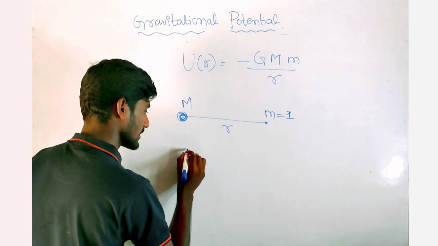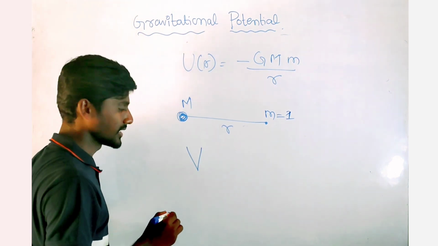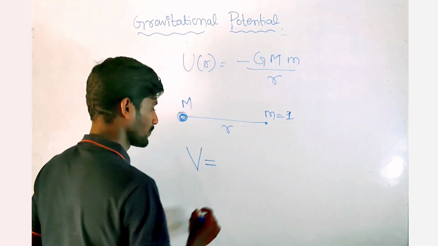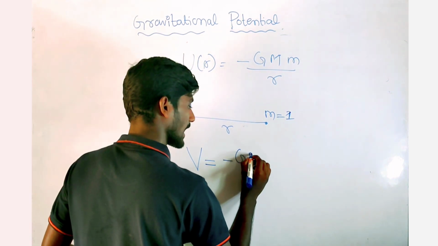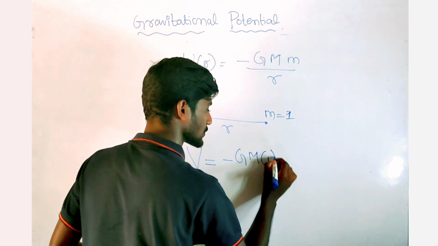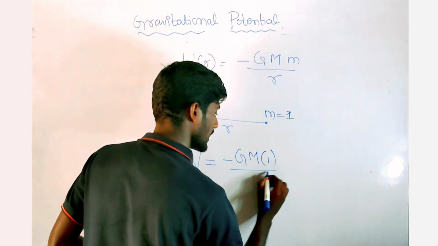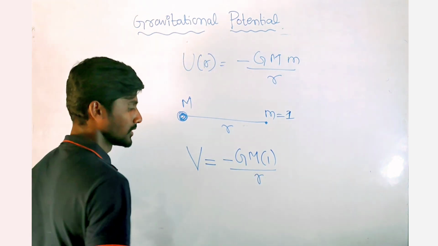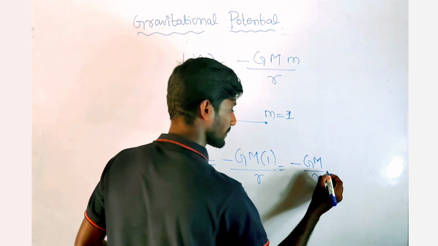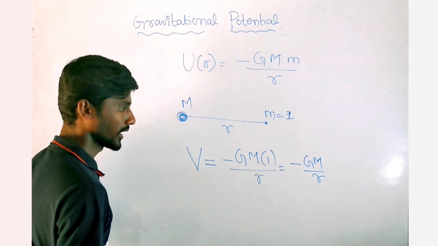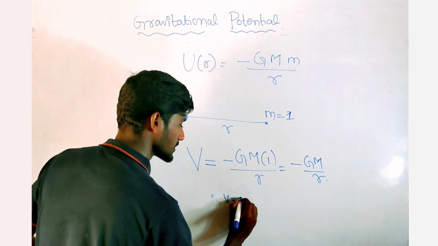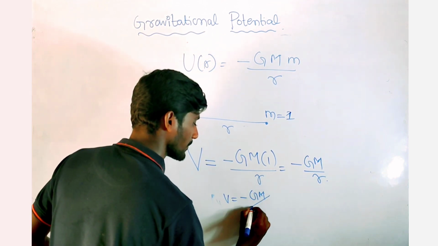So the gravitational potential, represented with V, is now equal to minus G capital M, and this small m should be replaced with unit mass, 1 by R. So this is minus G into capital M by R. Okay, so V is minus G into capital M by R.